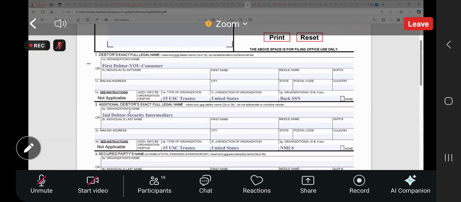Now, the second debtor that we're looking into will actually be the mortgage company, the car company, or the bill collector. They will be considered the securities intermediary. Okay, they're dealing with your security. Your security is anything that's attached to the social. Your social is a letter. Your social is a credit card, right?